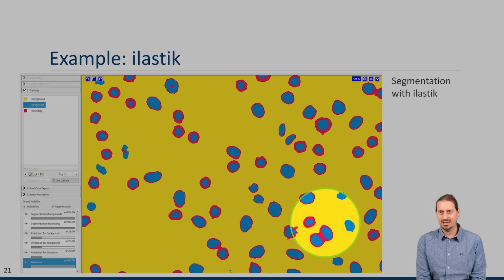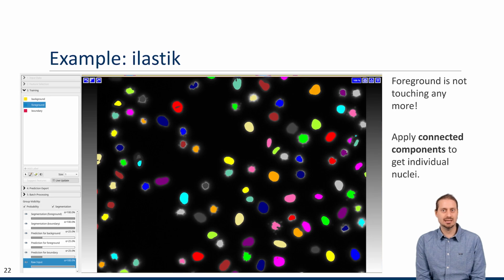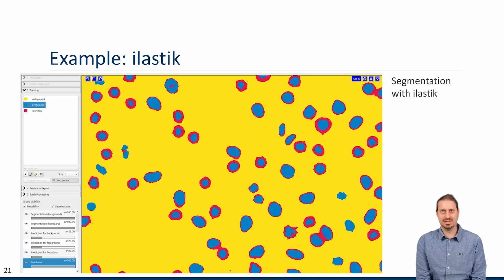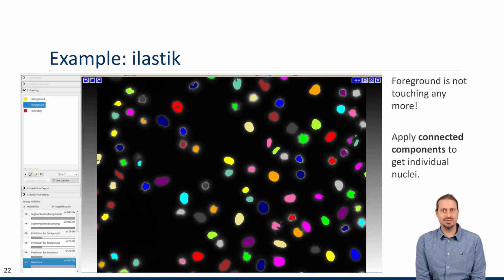You see this for this example here. So these are these two touching nuclei we've seen a couple of times. And we see that they are sort of foreground label. The blue pixels are not touching anymore because we have the boundary label in between. And now if we apply the connected component algorithm that we've seen in the second lecture to just this foreground label, so just connected components to all these blue pixels, then we get this result.